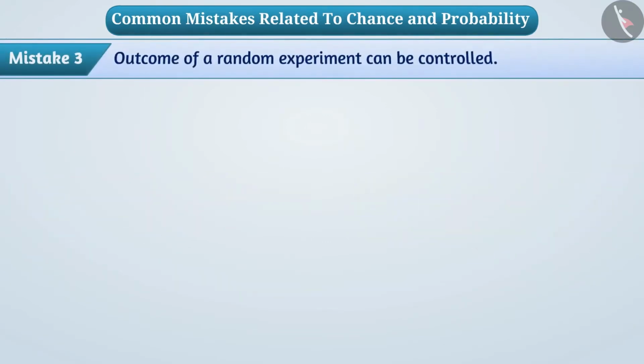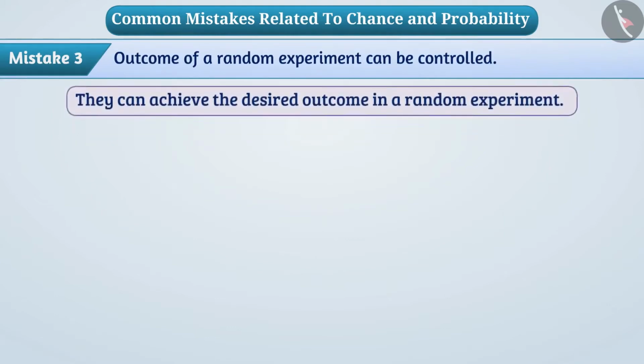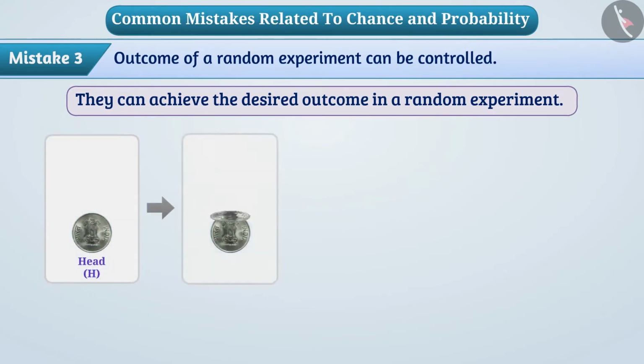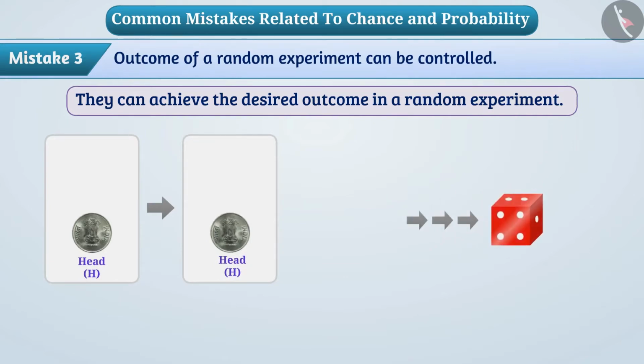Mistake 3. Outcome of a random experiment can be controlled. Some children make the assumption that they can achieve the desired outcome in the random experiment. For example, they think that if they keep head on top and toss the coin, they can get the desired outcome. Similarly, they think if a dice is thrown with a specific force, the desired number can be obtained.